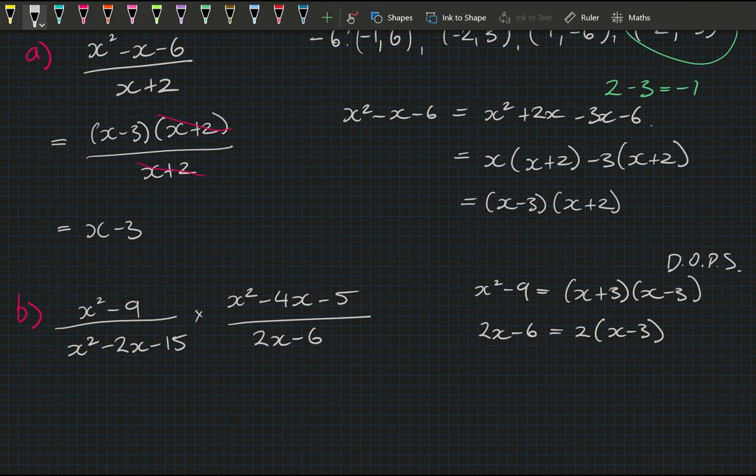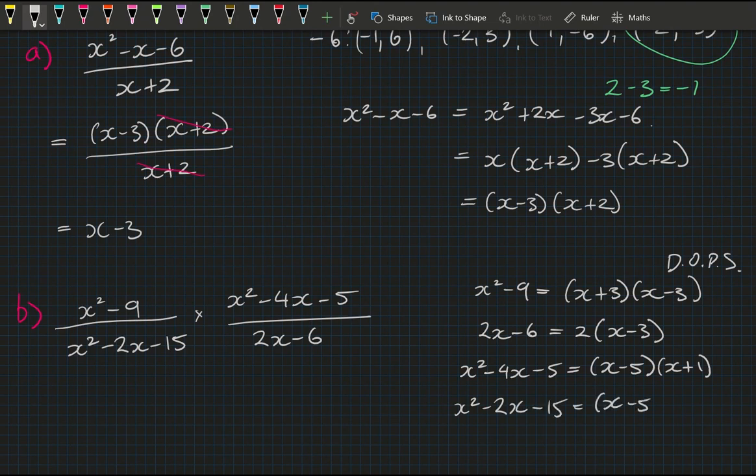Factor pairs of minus 5 include minus 5 and 1, and that adds up to minus 4. And x squared minus 2x minus 15 is equal to x minus 5 times x plus 3. So substituting all these values back into this fraction, I now get x plus 3 times x minus 3 in the place of x squared minus 9.